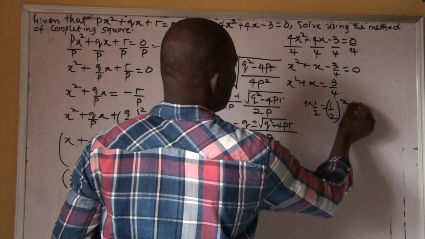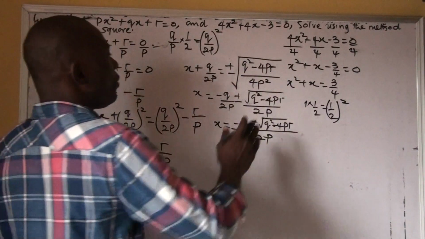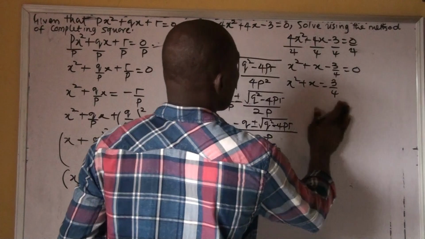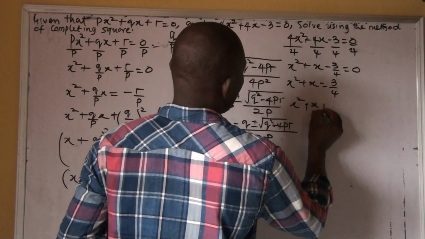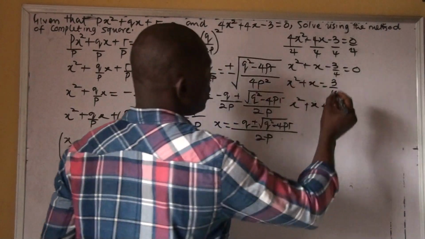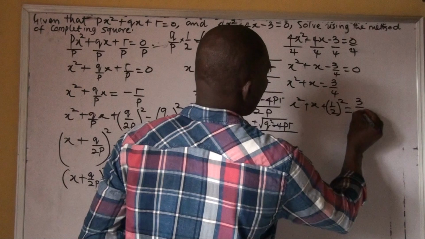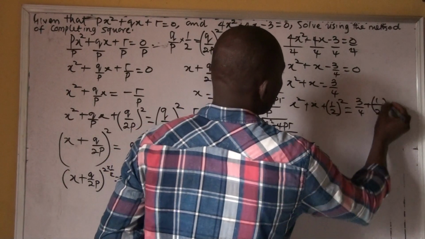By squaring it, we are putting 1 over 2 raised to power 2, and that will give us 1 over 4. So here we say this is x squared plus x plus 1 over 2 all square, because we are adding it to both sides, this will become 3 over 4 plus 1 over 2 all square.